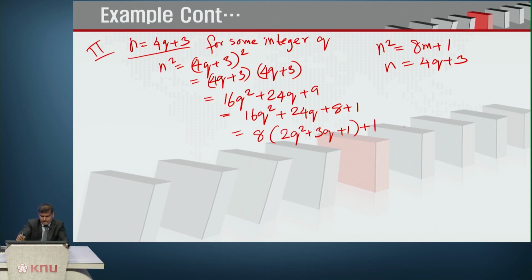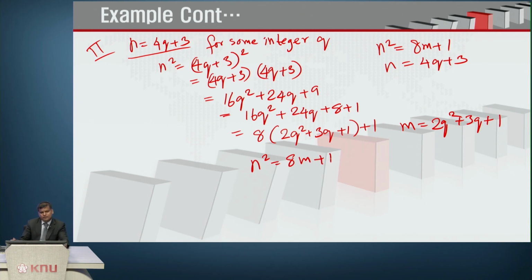So we can clearly see that from here m equals 2q square plus 3q plus 1. Then m is an integer. We know that since 1, 2, 3 and q are integers, and again sum and product of the integers are still integers. So just by substituting, you can clearly say that n square equals 8m plus 1, where m is an integer.